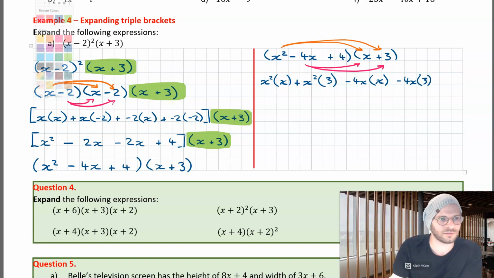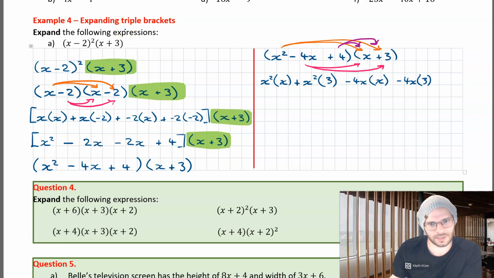And here's where it's different. Here's where we finally deal with the third term. So we've got this +4. We just go for a third set of arrows. So we're going to get +4 times x, +4 times 3.